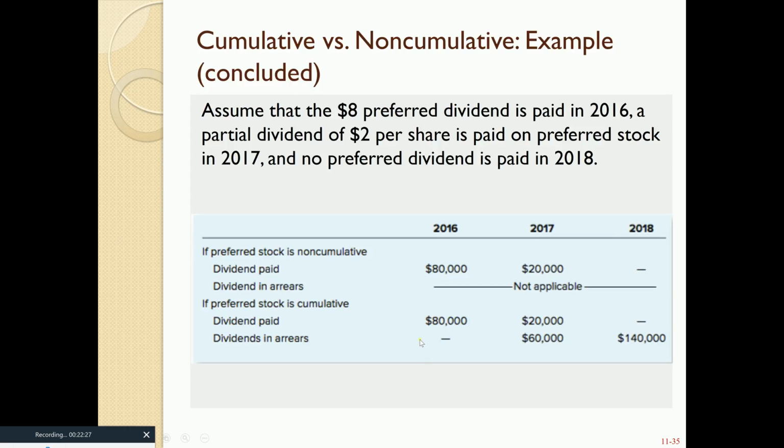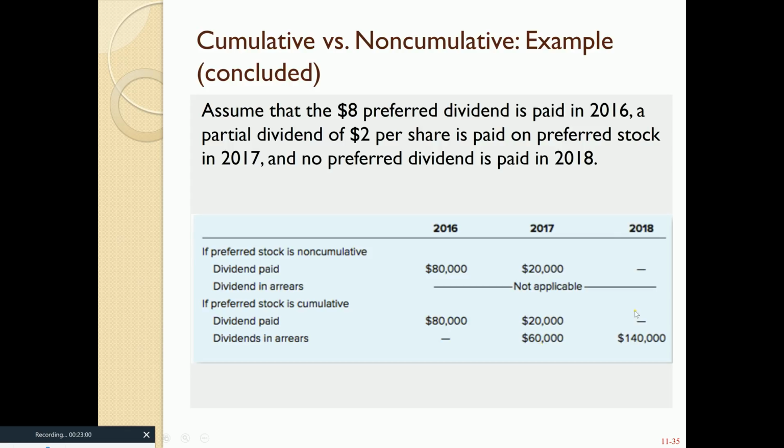Arrears means it's behind. In 2017, once again, $80,000 of dividends are required to be paid to these preferred shareholders. In 2017, how many were paid? $20,000. If it's non-cumulative, we don't say anything is behind. But if it is a cumulative preferred stock and we only paid out $20,000 and we had to pay out $80,000, that means $60,000 gets carried forward to the next year.